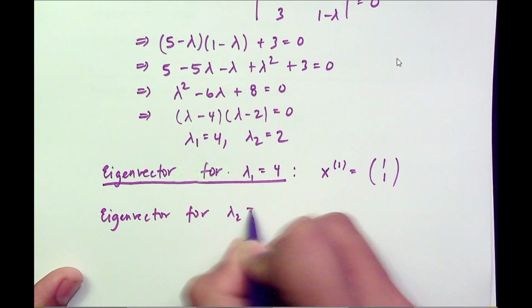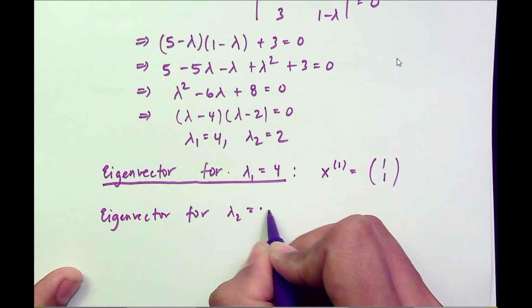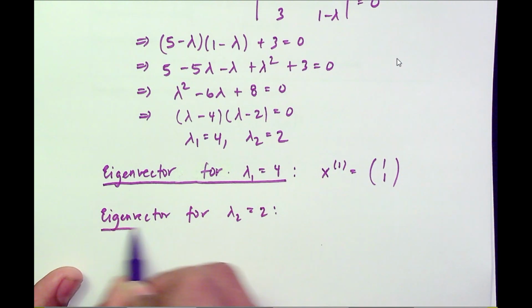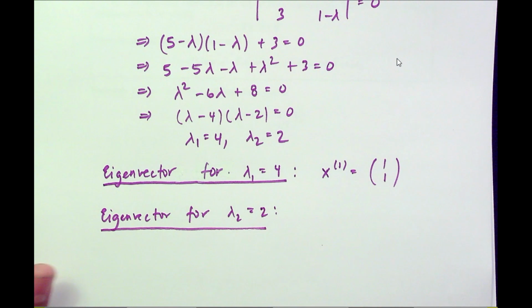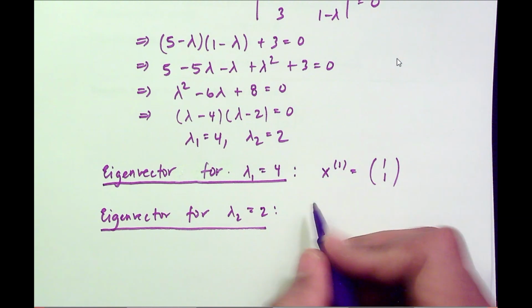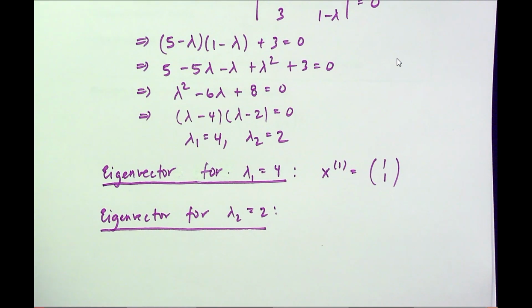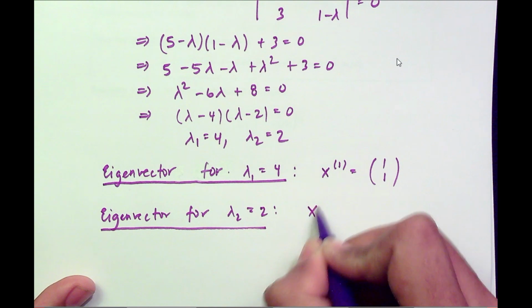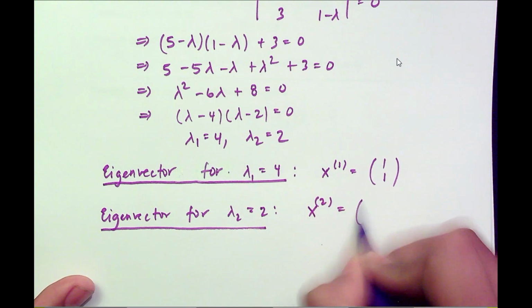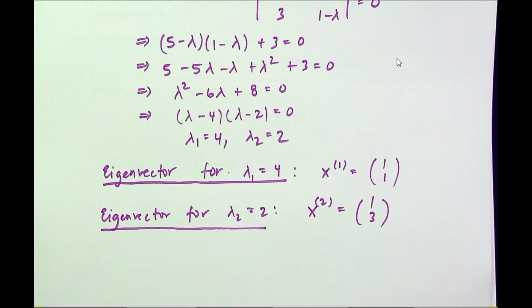And the eigenvector for lambda 2 equals 2, do that one as well. You're going to get 1, 3, or a multiple of that. So those are the eigenvectors.